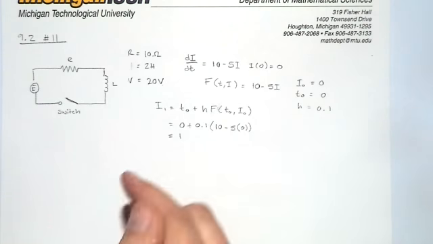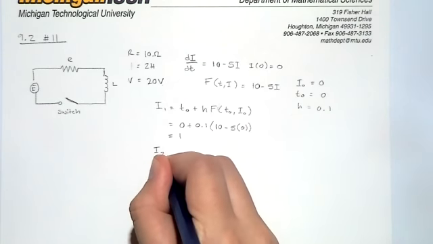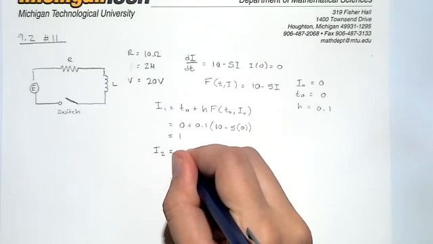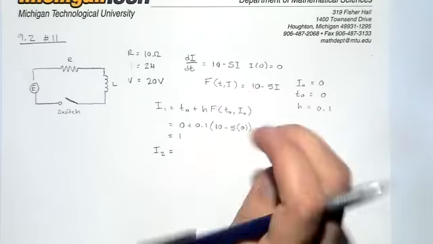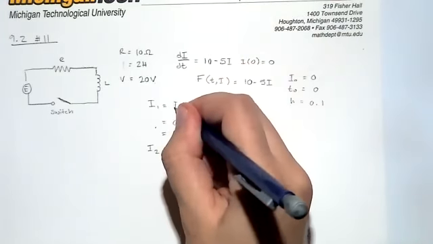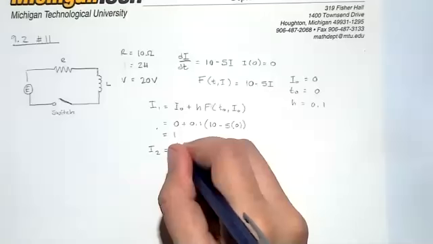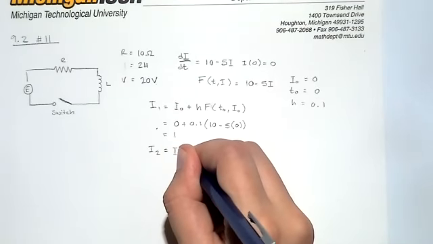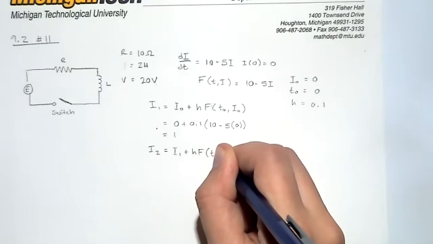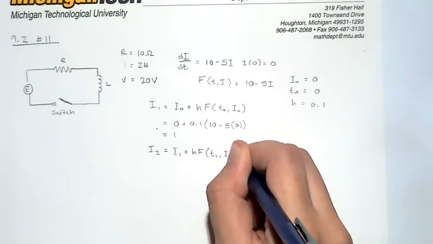So then I sub 2 is going to be equal to I sub 1 plus h times f of t sub 1, I sub 1.